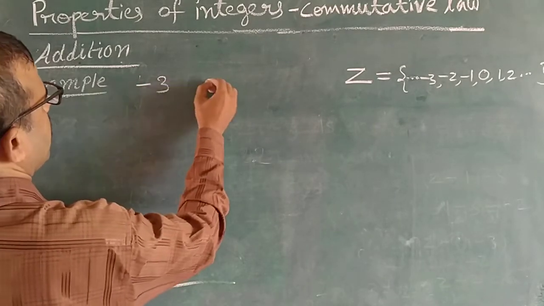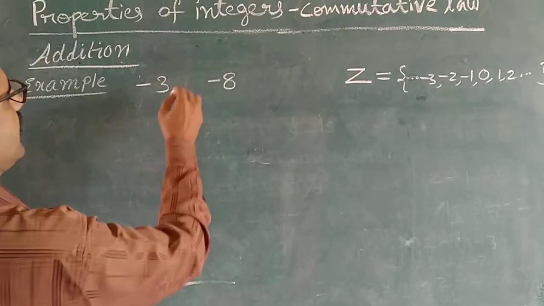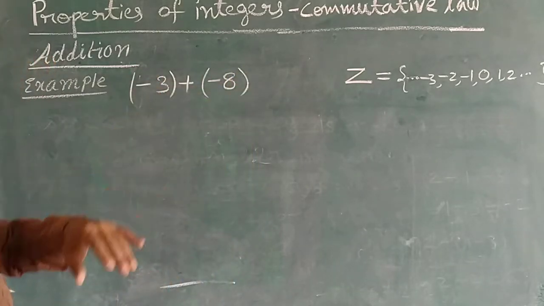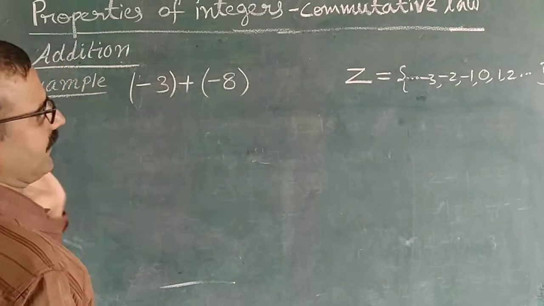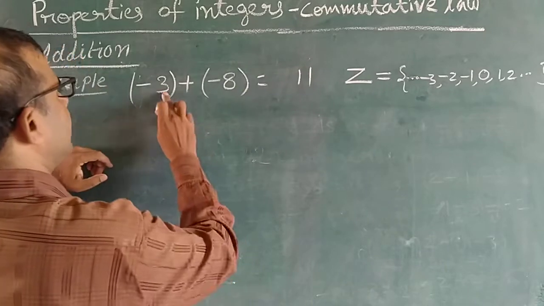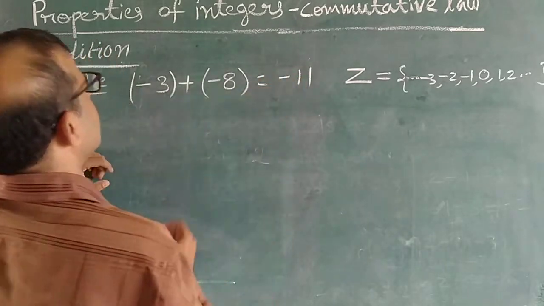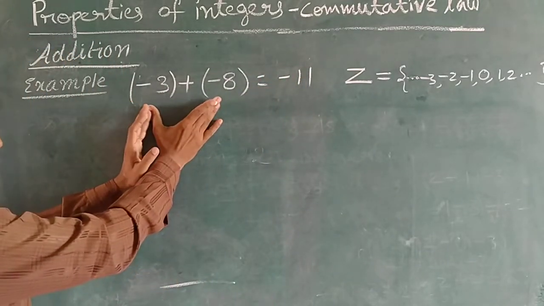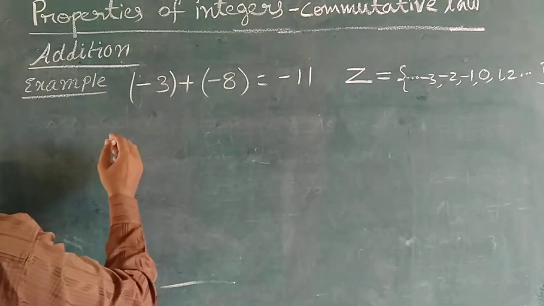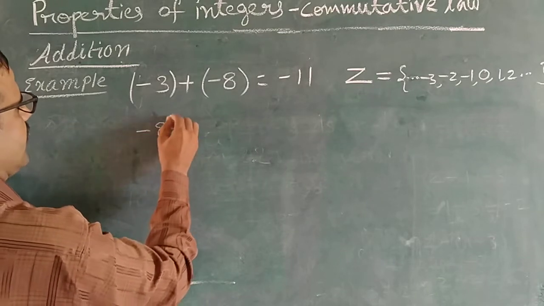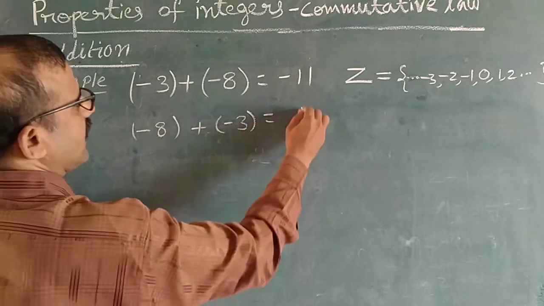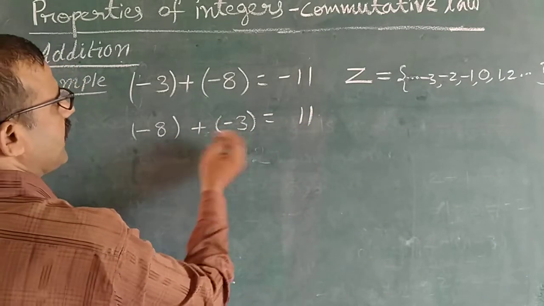Minus 3 and minus 8 with respect to plus. Both are negative integers. When we add, first we add the numbers, 3 plus 8 is 11, so minus 11. When we add two negative integers, the result is also a negative integer. Next, minus 8 plus minus 3 equals minus 11.